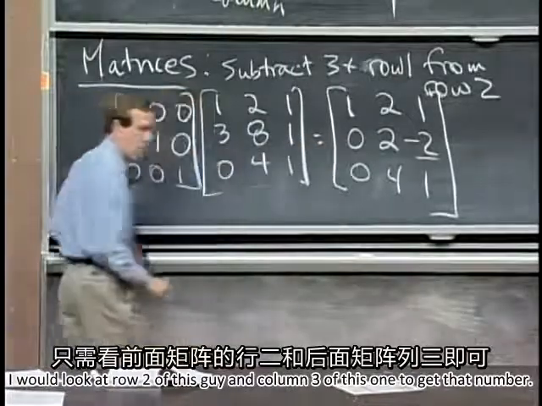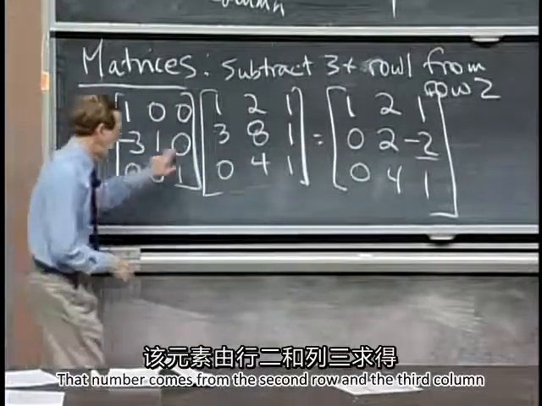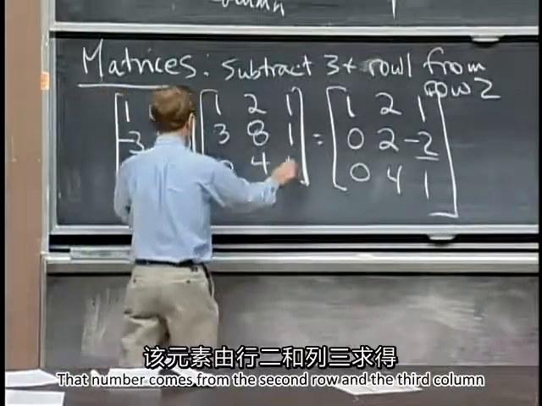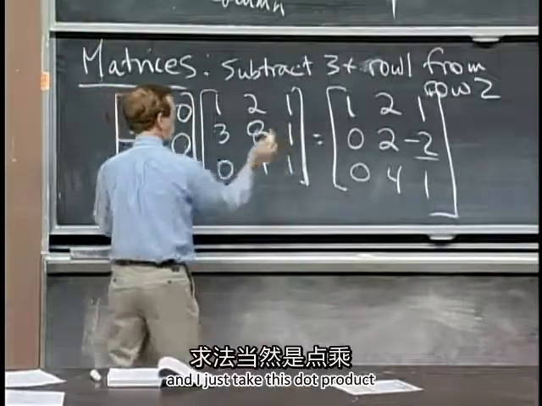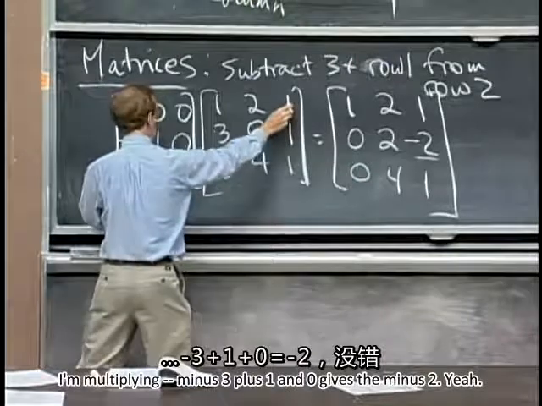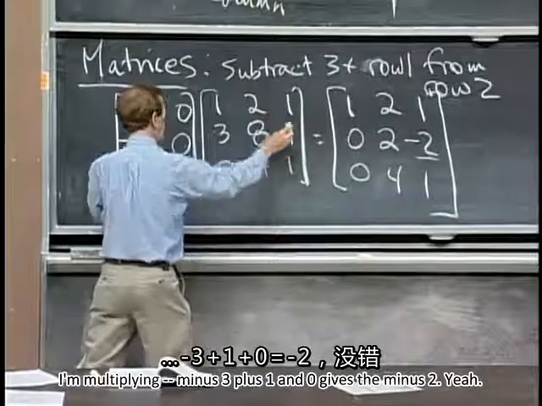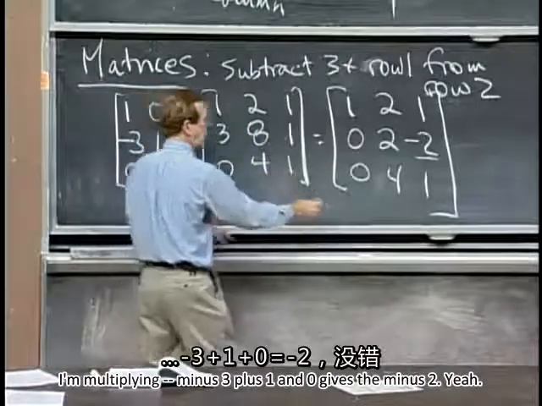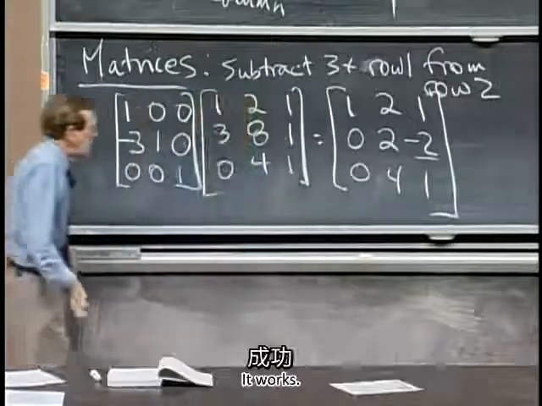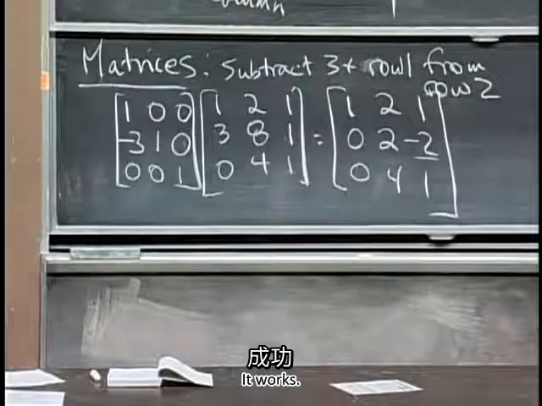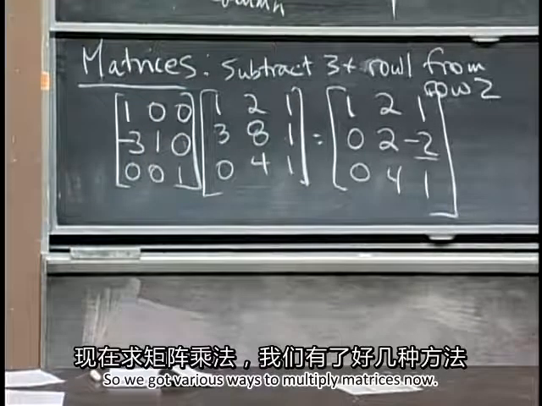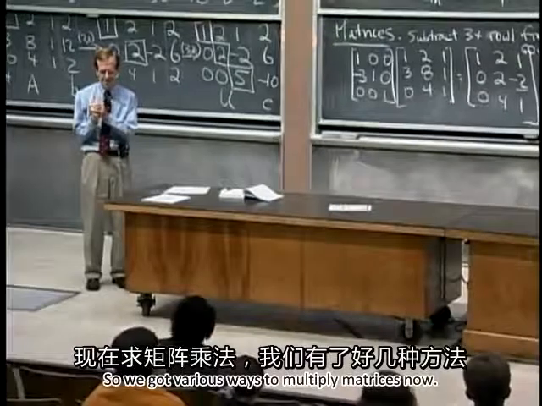I take this dot product, -3 plus 1 and 0, and it gives the -2. Yeah, it works.